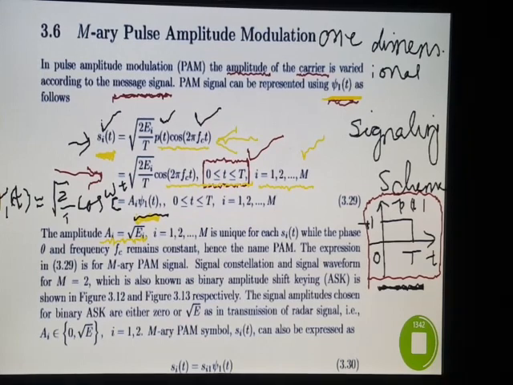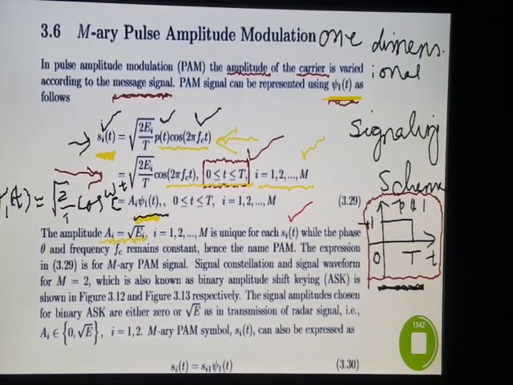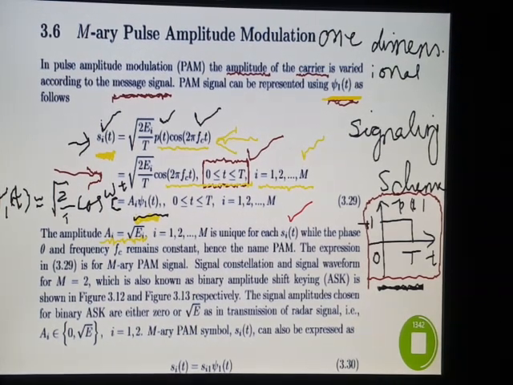The amplitude A_i is unique for each signal S_i of t, and that is why it is called the M-ary pulse amplitude modulation, or M-ary PAM signal, while the phase theta and the frequency f_c remain constant. So keep this in mind, that theta and f_c do not change. Hence the name PAM.